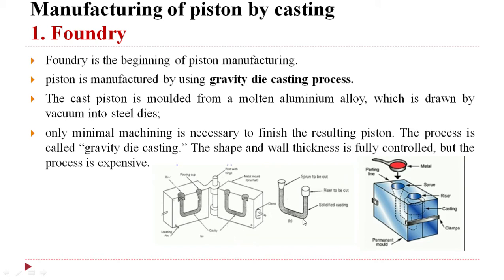And this casting contains some extra material. This extra material is removed with the help of a hammer, and then we put this casting into water for the quenching process. Only minimum machining is necessary to finish the resulting piston, and the shape and wall thickness is fully controlled, but the process is expensive.